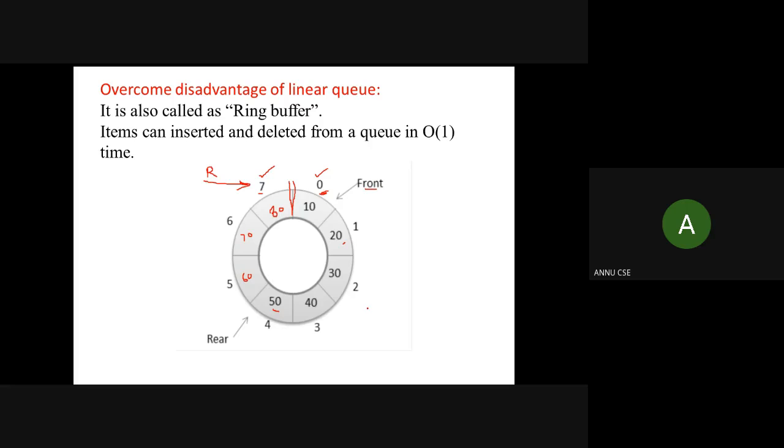So you can derive a formula to check the overflow situation: when front is pointing to index 0 and rear is pointing to index n minus 1, or max size minus 1, then the overflow condition is there and the queue is full. Let me further discuss the same example.